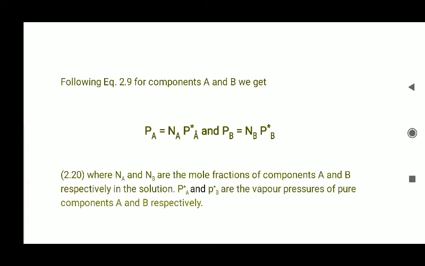For components A and B, PA is equal to Na PA star and PB is equal to Nb PB star, where Na and Nb are the mole fractions of components A and B respectively in the solution. PA star and PB star are the vapor pressures of pure components A and B respectively.